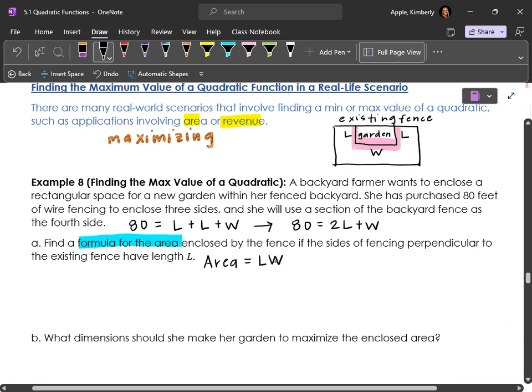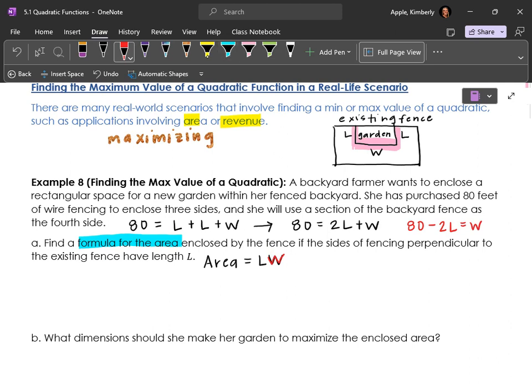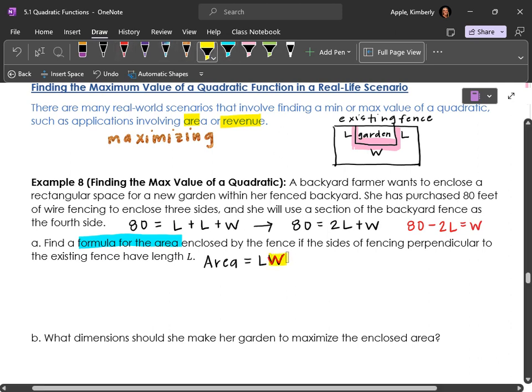One way we can do that is to solve this expression up here for the width, so we can say 80 minus 2L equals W. Then we can plug that entire expression into our area formula, and that is how we'll tie those two together.